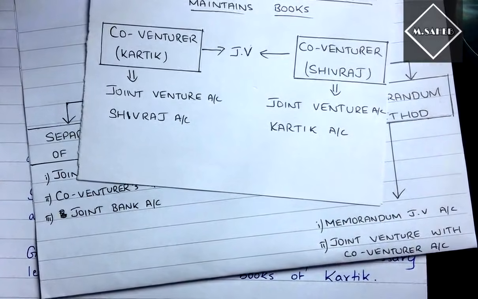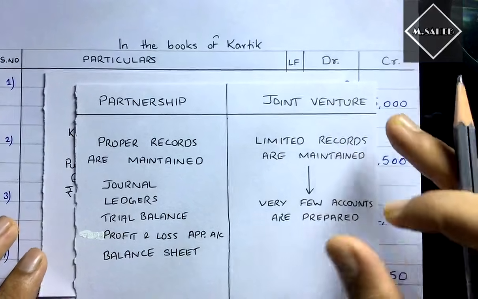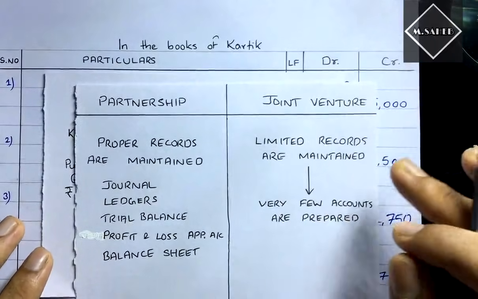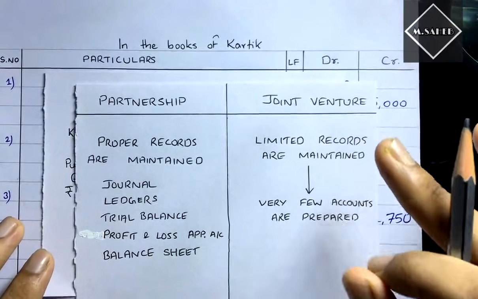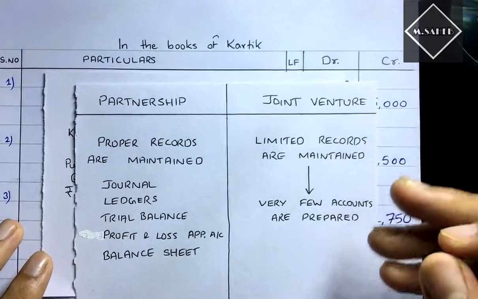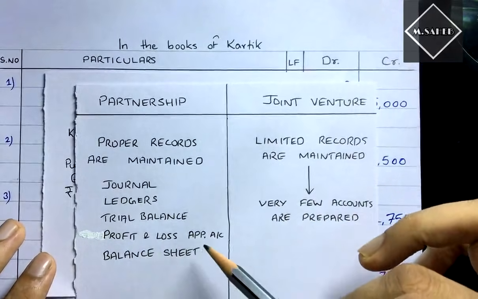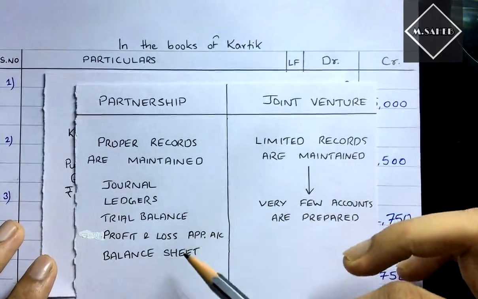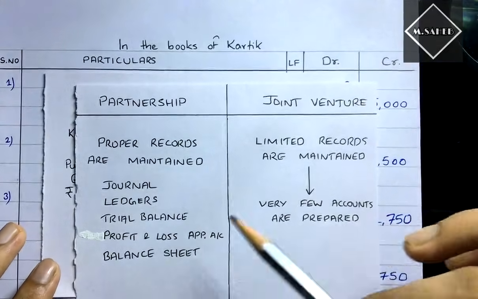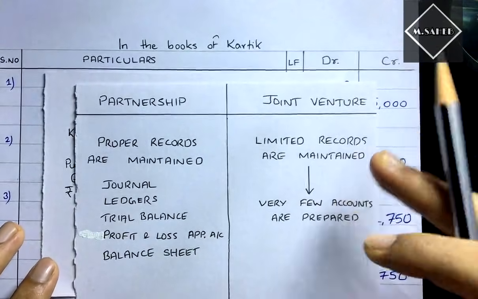Easy, right? Before solving the problem, I just want to tell you that in joint venture, proper records are not maintained. Here we open only very few accounts like the joint venture account and co-venturers' account, and we prepare some journal entries. But in partnership we prepare all the proper records: journal, ledgers, trial balance, profit and loss appropriation account, balance sheet, etc. We will not do that in joint venture because we maintain limited records.